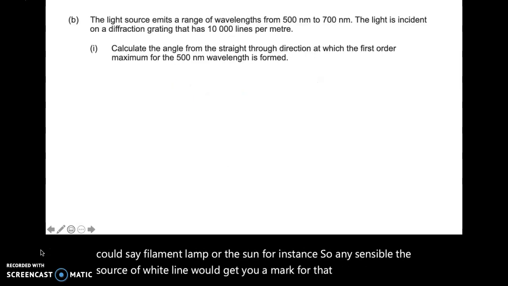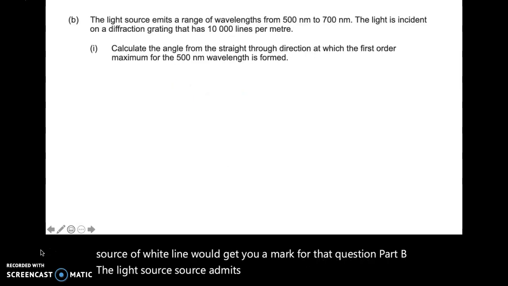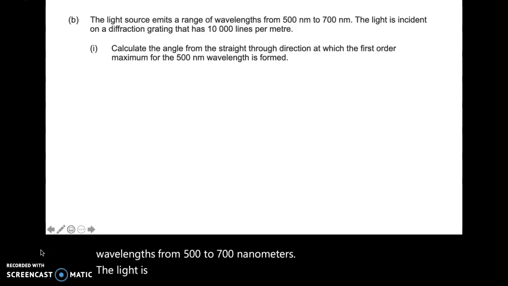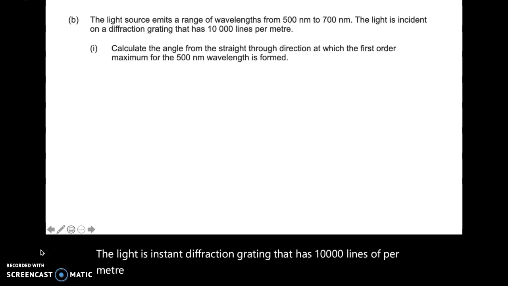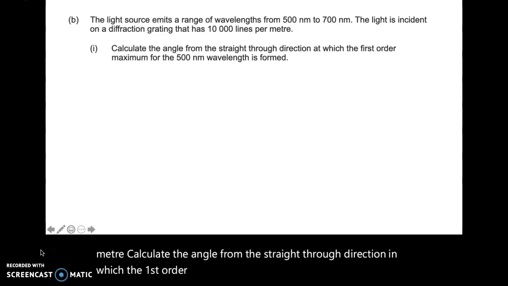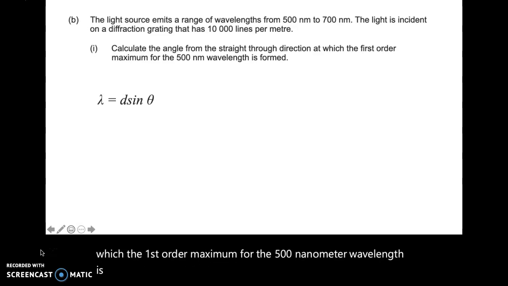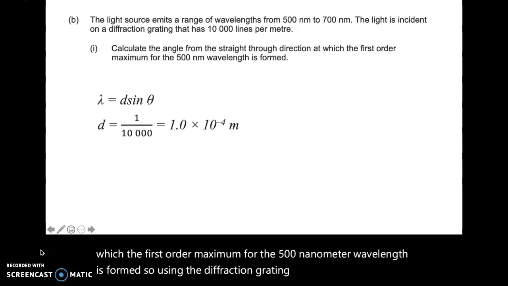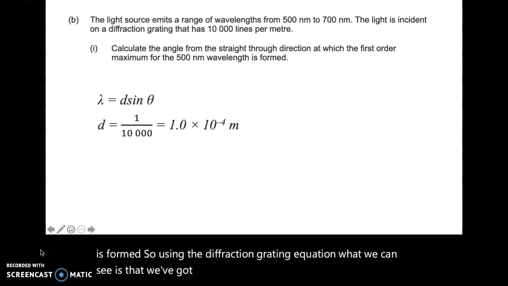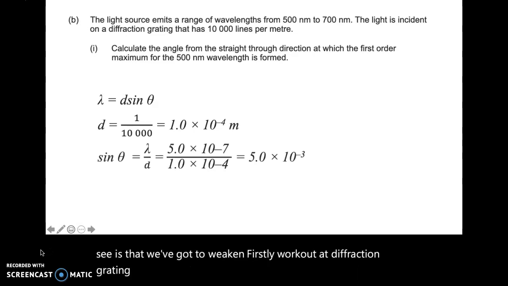Part B, the light source emits a range of wavelengths from 500 to 700 nanometers. The light is incident on a diffraction grating that has 10,000 lines per meter. Calculate the angle from the straight through direction at which the first order maximum for the 500 nanometer wavelength is formed. So using the diffraction grating equation, we can firstly work out our diffraction grating spacing, which we've done there, and then we've got our wavelength of 500 nanometers.